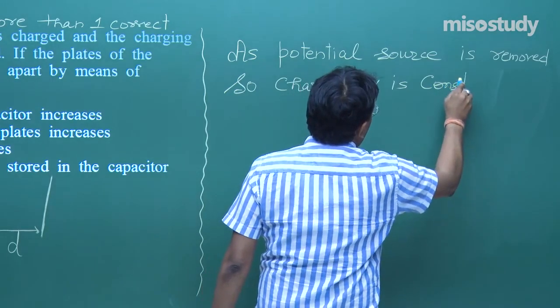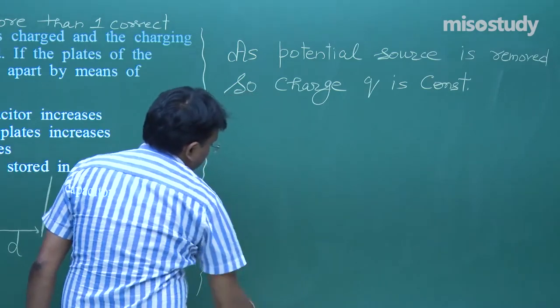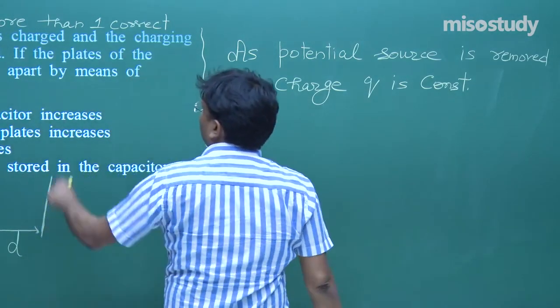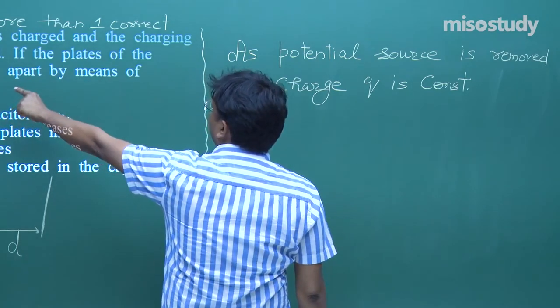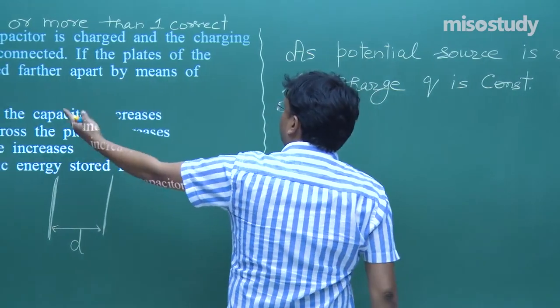This is the first outcome. Okay. Now, if the plates of the capacitor are moved further apart like this, D is increasing. So what is the meaning of this?